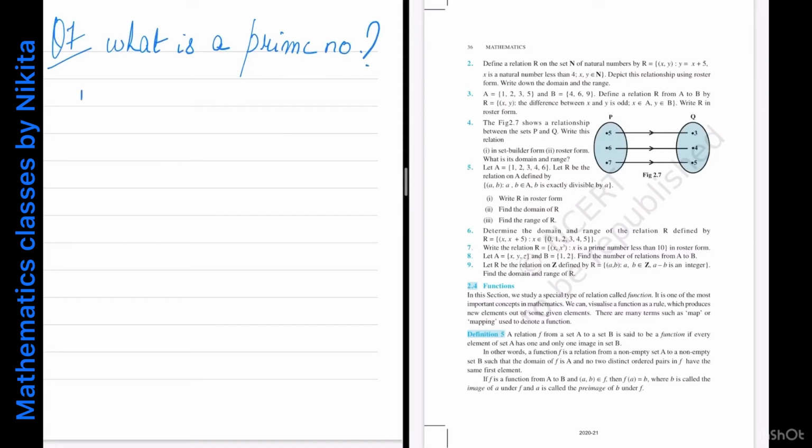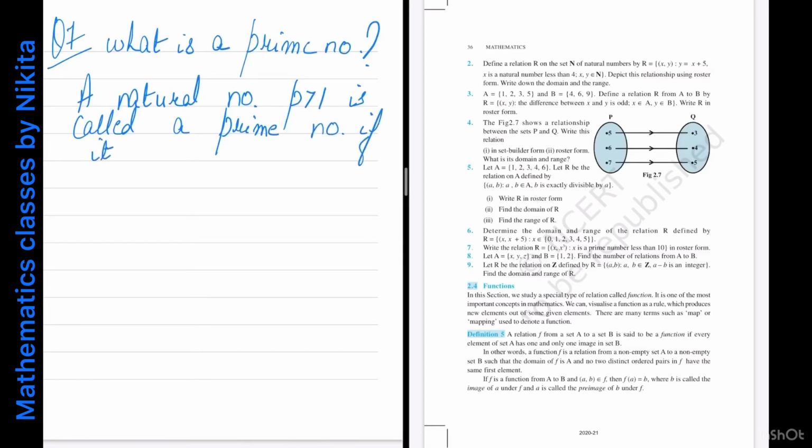The definition is, a natural number p greater than 1. So it is always greater than 1. It is called a prime number if it has exactly two divisors, namely 1 and the number itself.